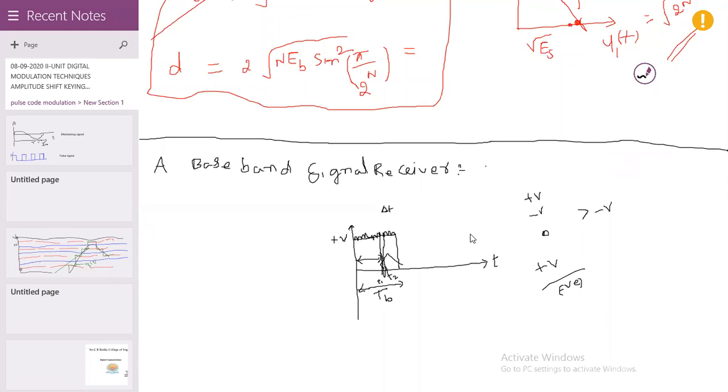Up to T1 the voltage is positive, from T1 to T2, a small duration, due to that noise it is a negative voltage, which indicates that there is an error. Then from T2 up to TB, again the voltage at the output of the receiver is positive.